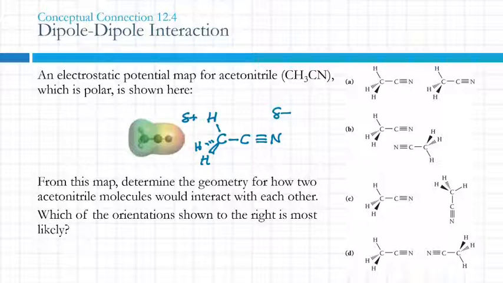Sorry, I didn't hear the question. So, looking at this molecule, we're wanting to know which of these combinations would best describe the interaction where they would be attracted to each other. So we're looking at positive ends and negative ends, and how would they attract each other?